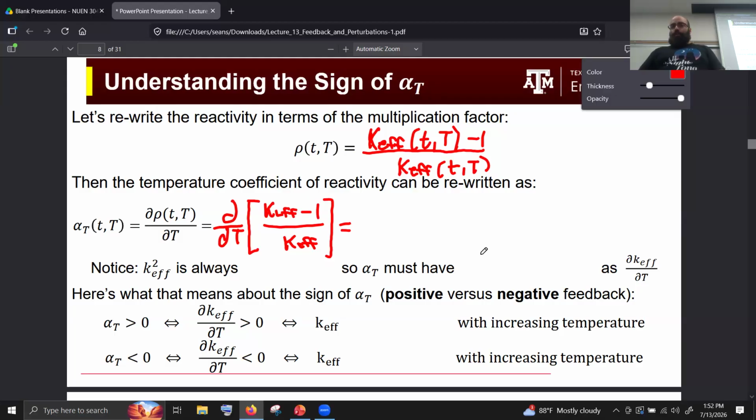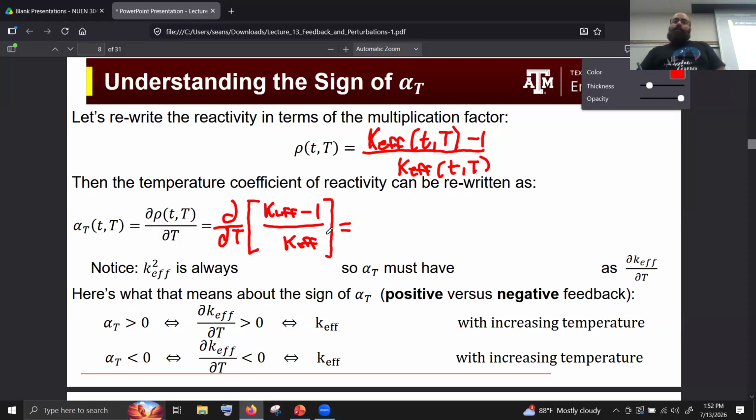I'm going to just think about it as a quotient rule, where I'm going to do the derivative of the bottom function times the derivative of the top minus the top function times the derivative of the bottom.